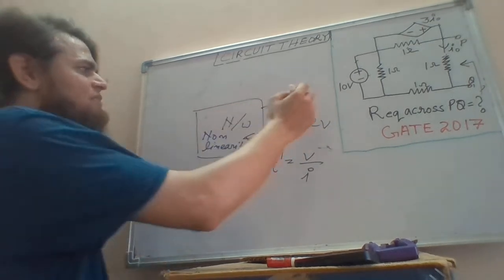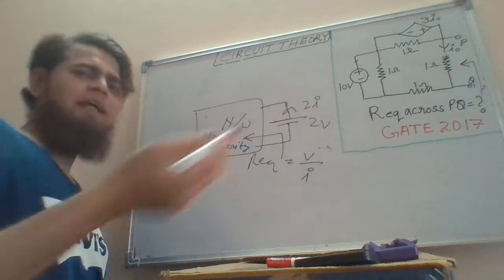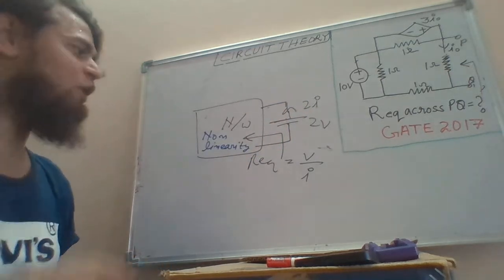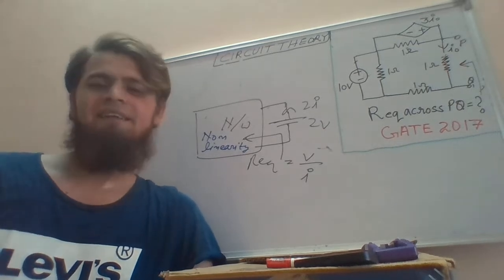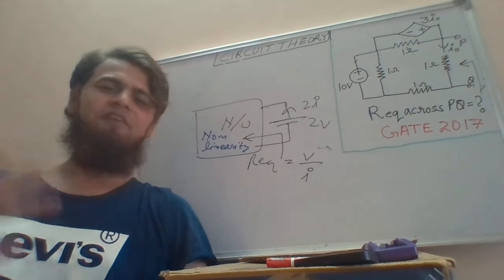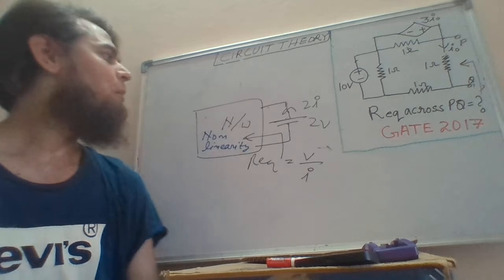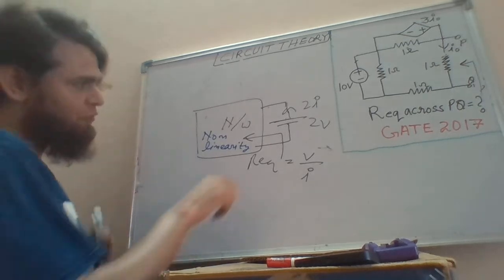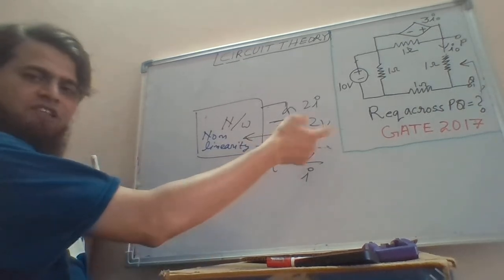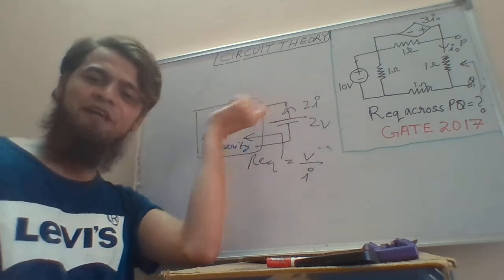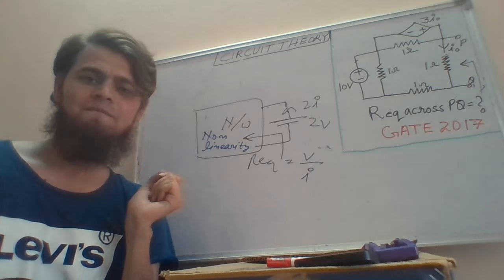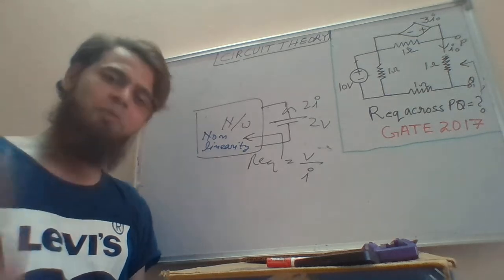If the current is doubled, then it's fine, because the ratio will still be the same, and you can say that yes, R equivalent is the same. But the point is that if you make the voltage 2V, let me tell you, this current will not become 2I. This current will not be doubled.